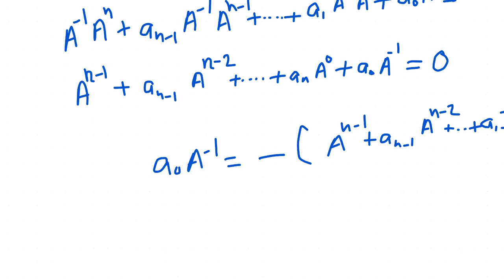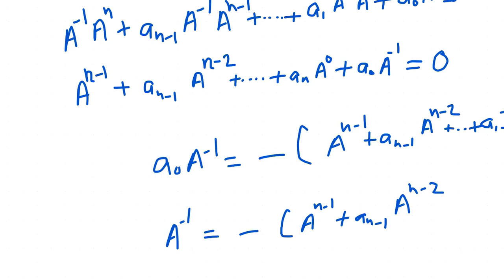So we need to find A inverse, then it will be minus A to the power n minus 1 plus A(n-1) into A to the power n minus 2 and plus up to A1 into identity matrix, over A0. Okay. Got it?